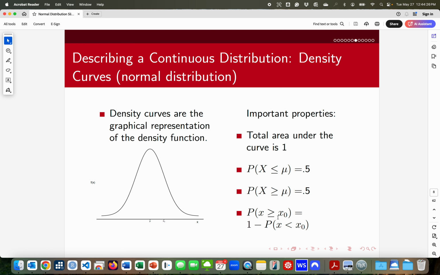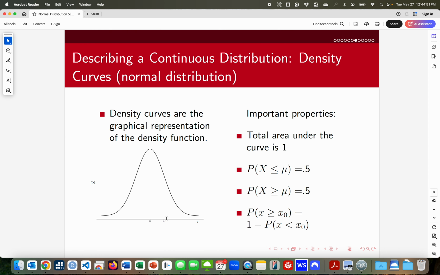And the probability that x is greater than or equal to some value, so this is just some value x naught, some arbitrary value. The probability that we observe something greater than this is just 1 minus the probability that something is less than this.